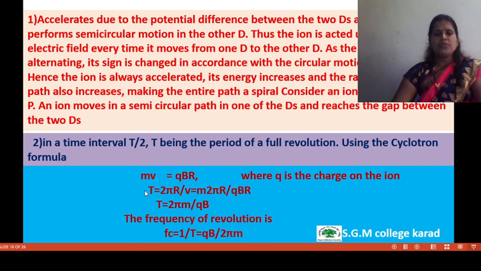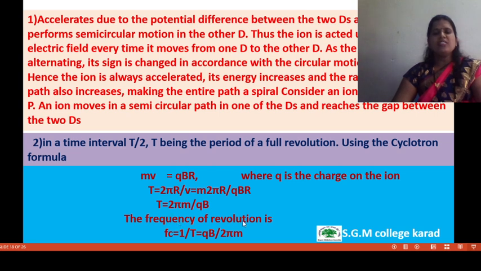T is equal to the time period for a complete revolution, 2 pi r upon v. After substituting the value of v, we get T equals 2 pi m upon qB, the time period of a complete revolution.